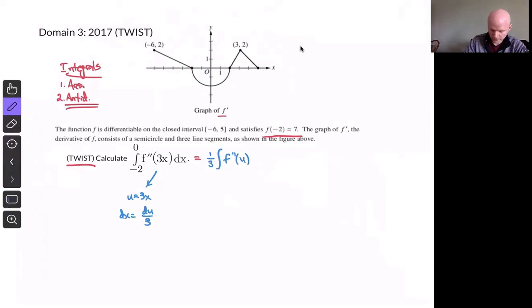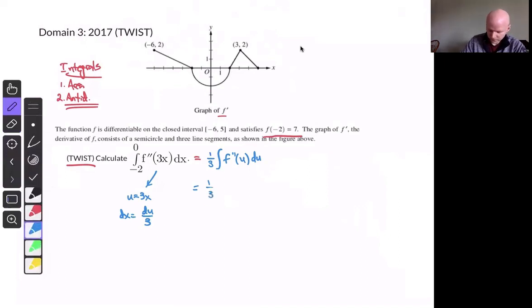And then I already pulled out my 1/3, so I just replace the dx with du. And then the integral of f double prime of u, du, is just the antiderivative of f double prime of u, which is just f prime. Oops, I wrote 1/2. So this will end up being f prime of 3x.